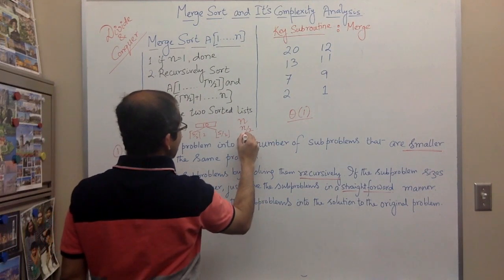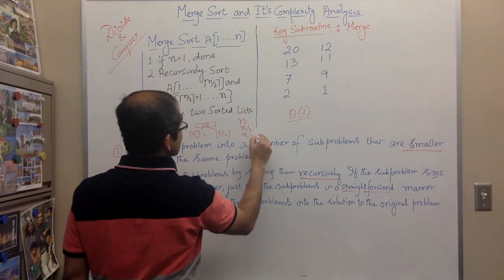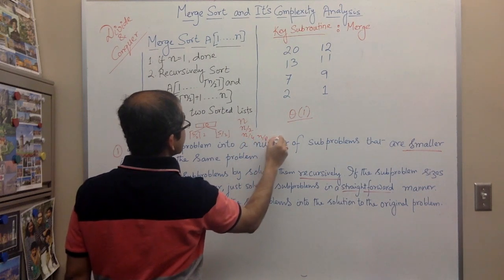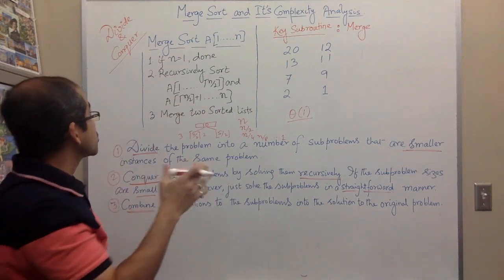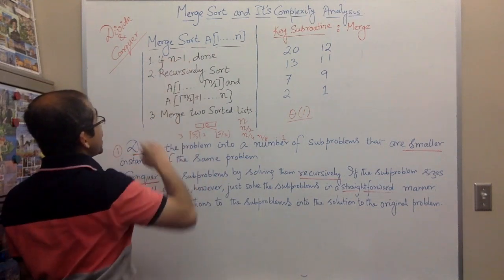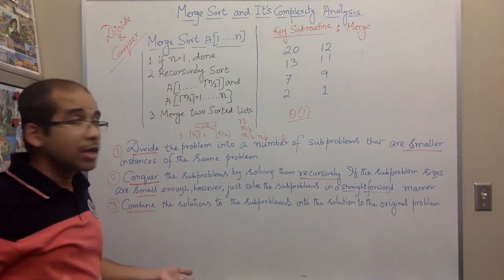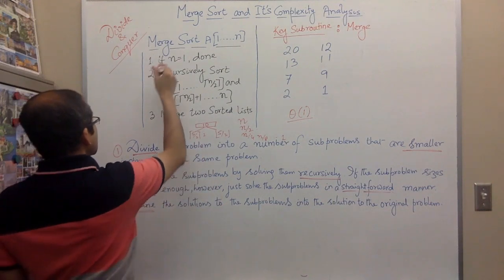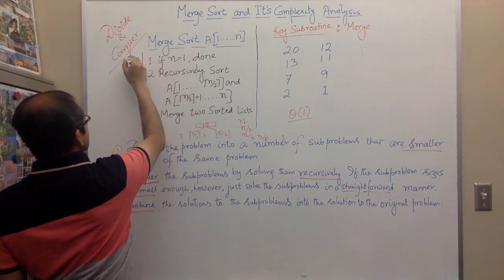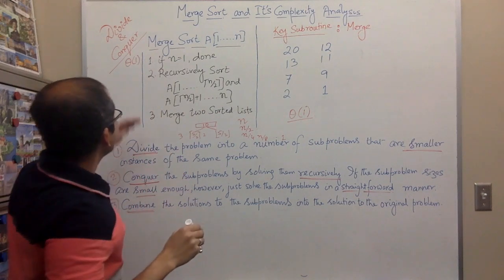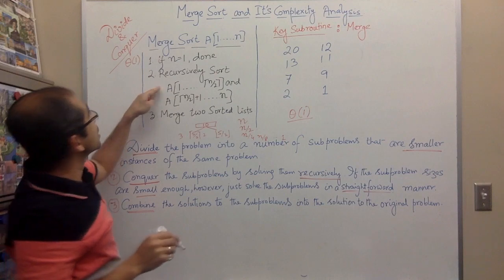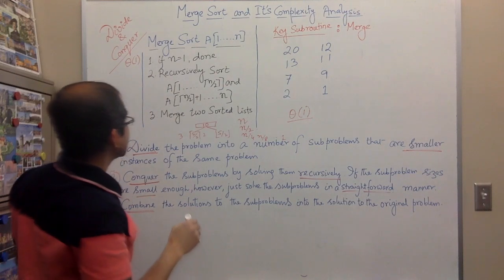Next time it will be n by 4, next time n by 8, until it becomes 1. At the stage it becomes 1, it's a single element array. If n equal to 1, that's done, so the complexity of this step is theta of 1.